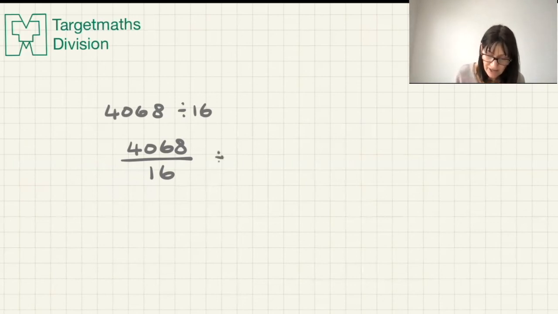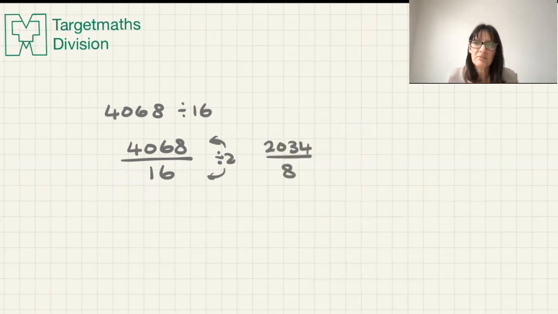So if I divide the top and the bottom by 2, I would end up with this, which is an equivalent fraction. It's also reduced it into the 8 times table to enable me to just do the 8s. And I could literally put it in bus shelter and work it out from here.